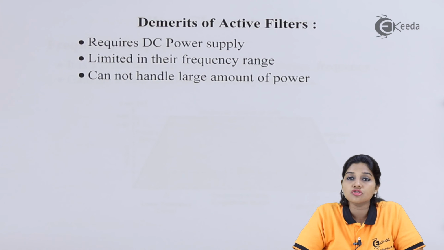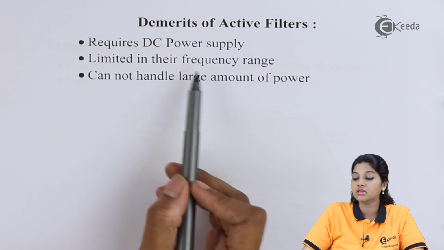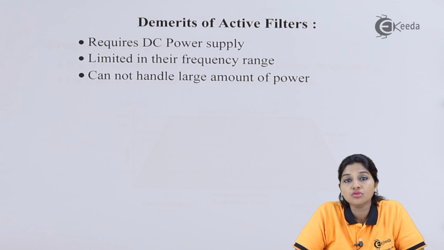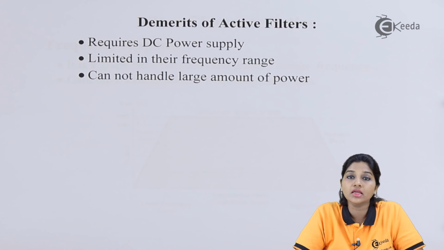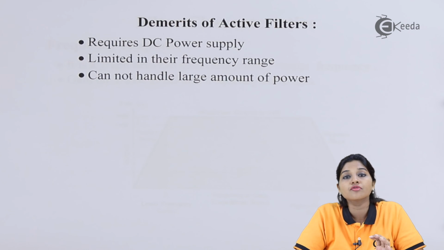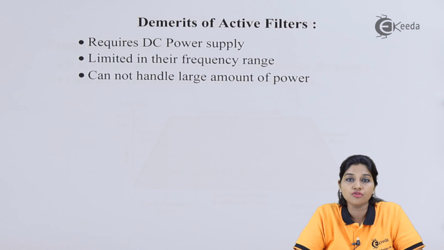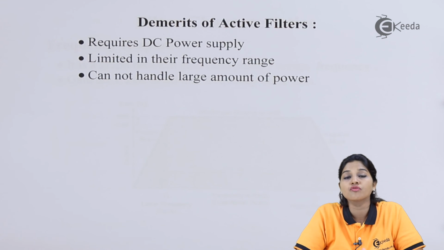The second disadvantage of active filter is that it is limited in its frequency range. As we know, op-amp has a finite gain bandwidth product. Therefore, the frequency response provided by the active filter has a certain range of frequency. That means the active filter can be used only for frequency ranges from low to moderate.